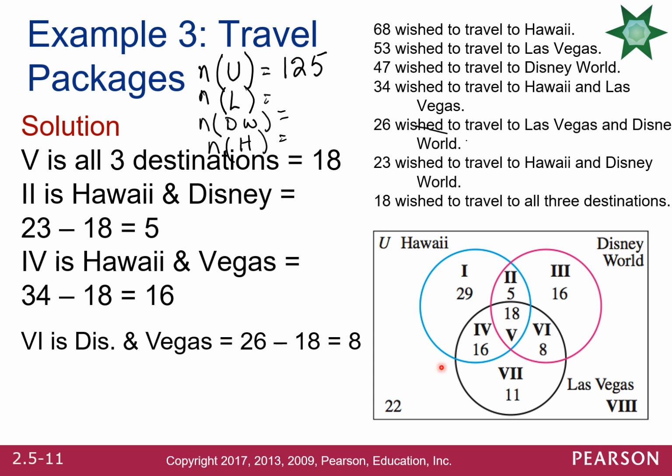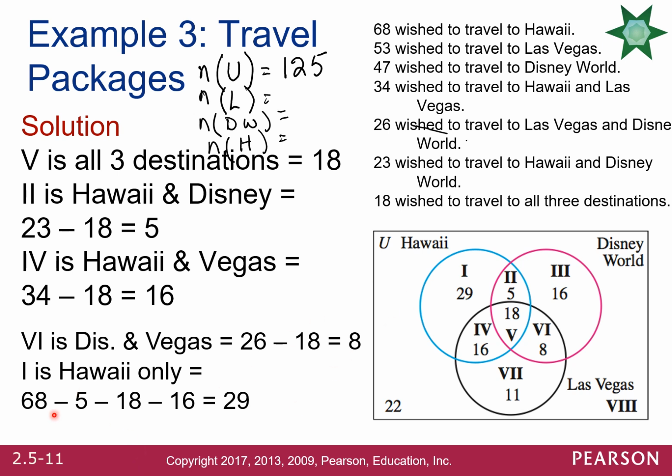All right. And then 1 is Hawaii only. How do we figure that out? So that's 68, right? Hawaii, 68 wanted to travel to Hawaii, minus the 5, Hawaii and Disney, minus 18, minus 16. So you see all these intersections that fall within Hawaii, within the blue circle, right?